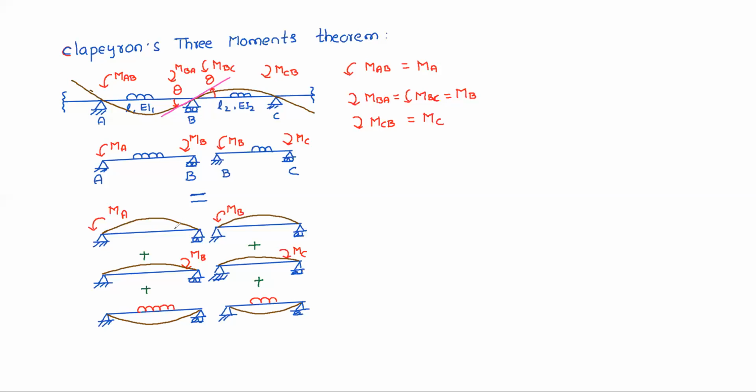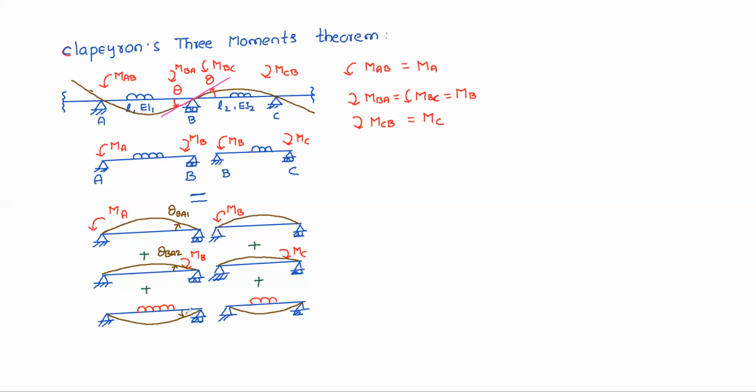Let us now take this displacement theta. Let us assume it is theta BA1. This may be theta BA2.